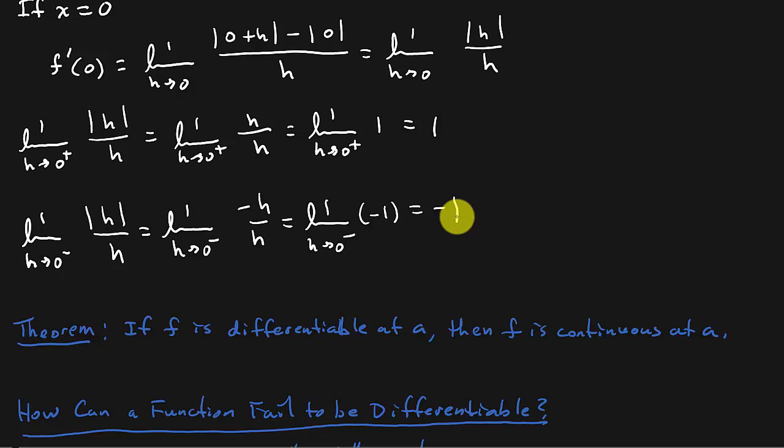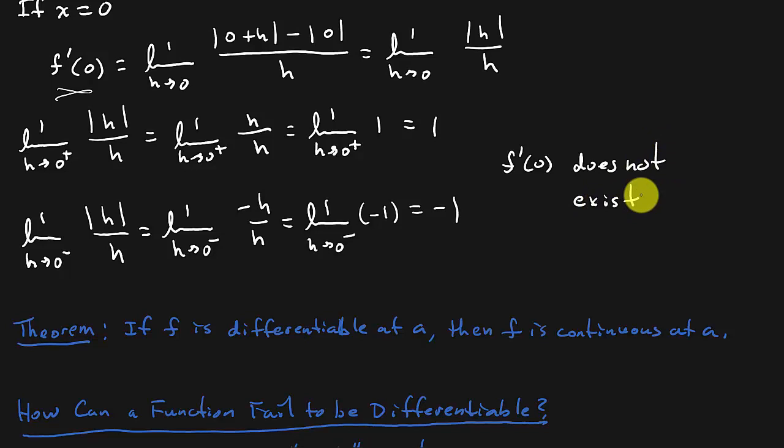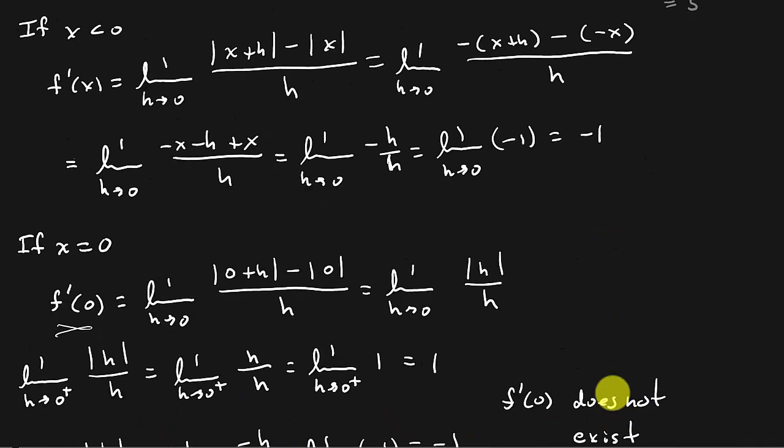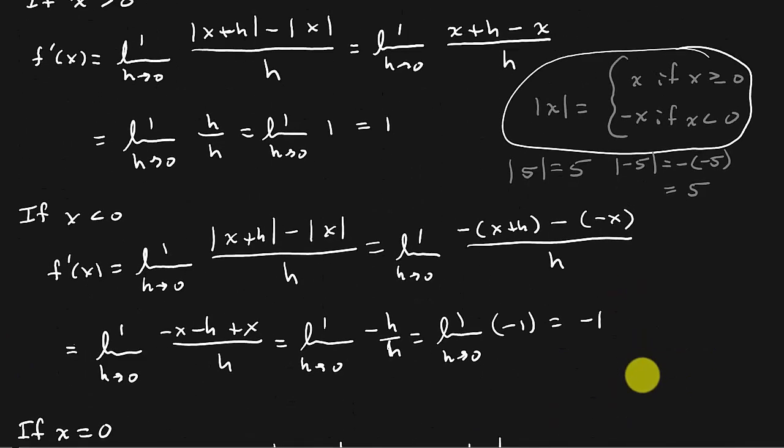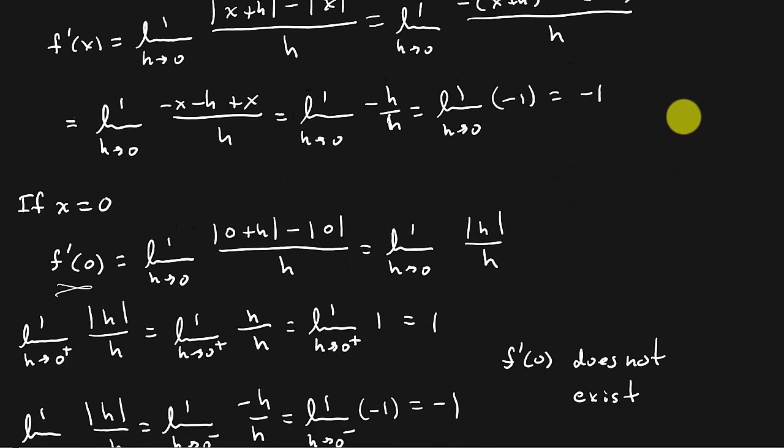So this limit does not exist. F prime of 0 does not exist. So the absolute value function is differentiable everywhere except 0. So what would the function f prime of x be based on what we found here? All right, so f prime of x, let me just write it here because I ran out of room.